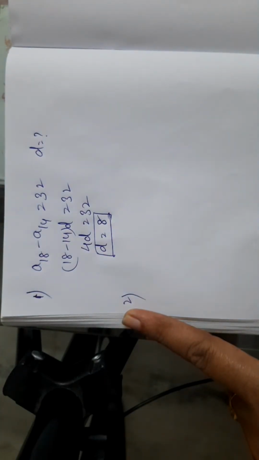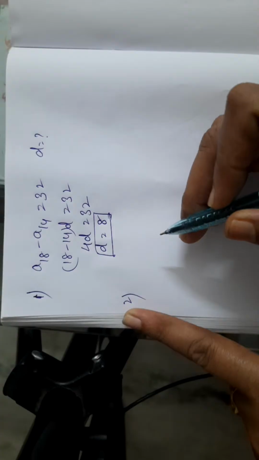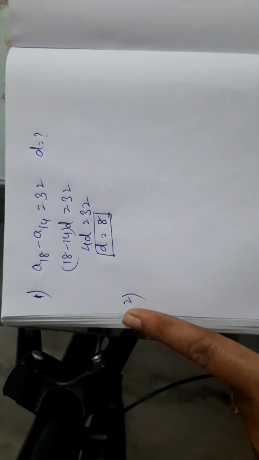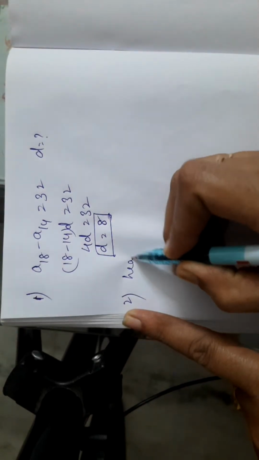Now the second question: a card is drawn from a deck of 52 cards. Event E is that the card is not an ace of hearts. The number of outcomes favorable to E. So total 52 cards are there, and the event is that the card is not a heart.